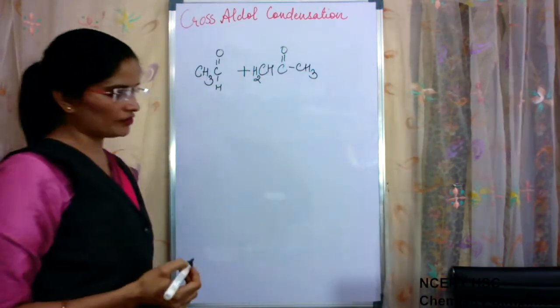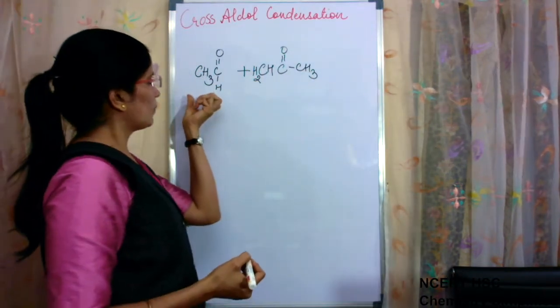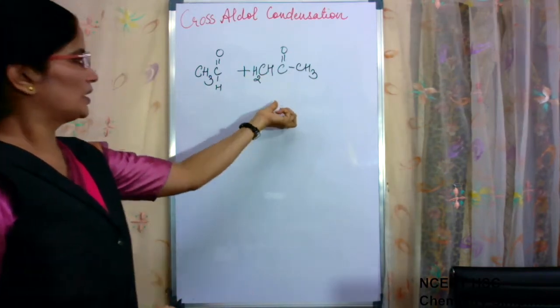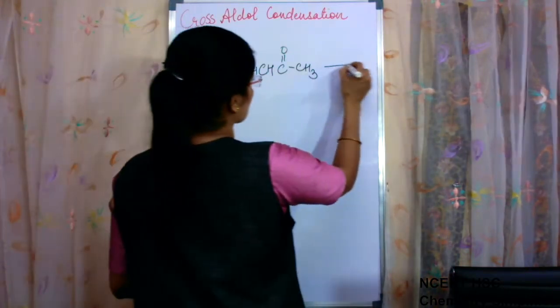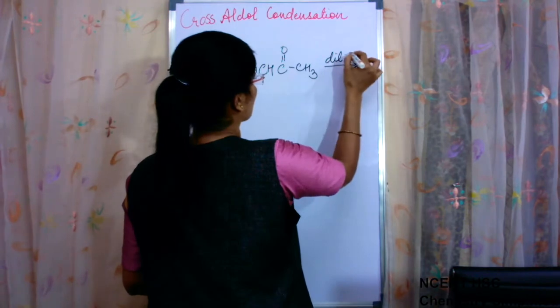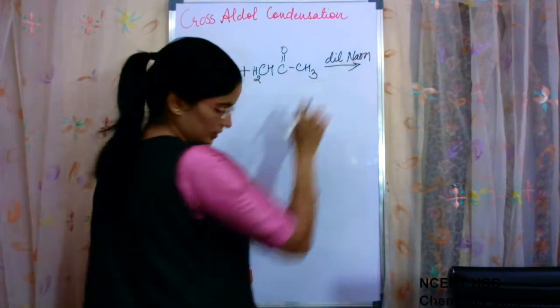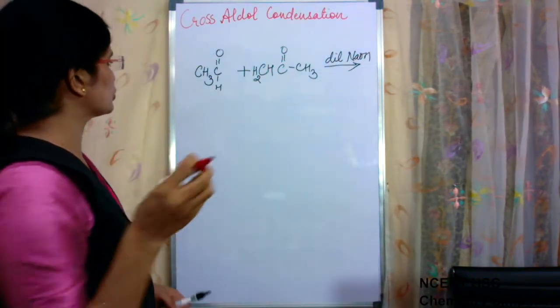So in the example which we are considering, we are taking one aldehyde and one ketone in presence of dilute alkali NaOH. This also will take place under the same conditions.